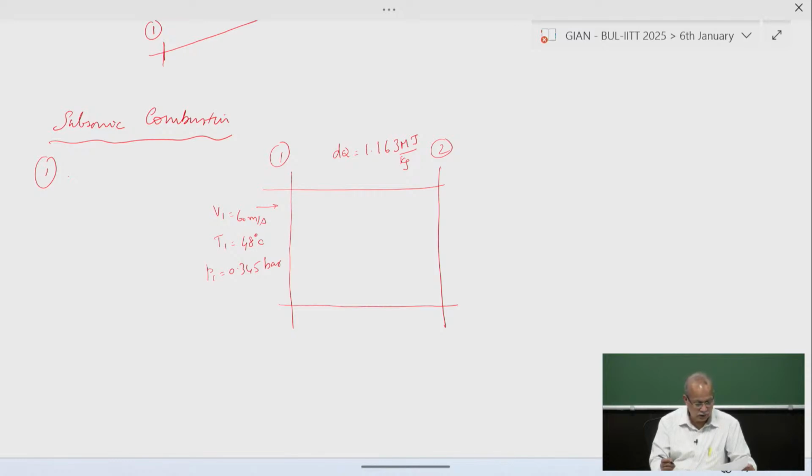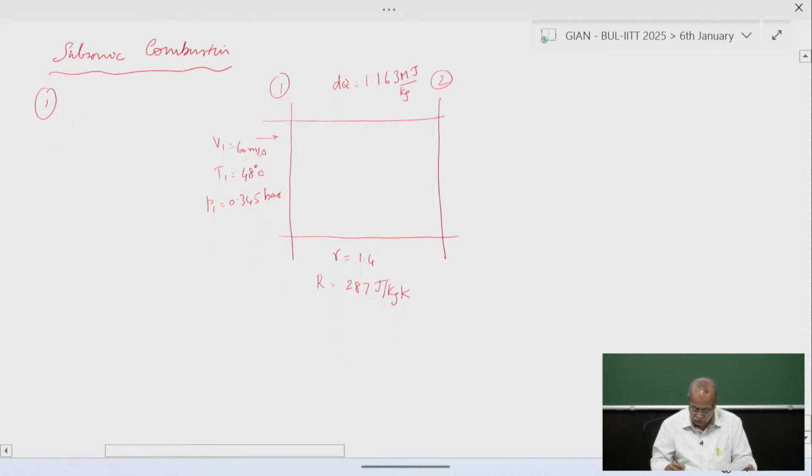Assume that friction is negligible and the cross-sectional area is constant, and the properties of gas mixtures are equivalent to air, which means R is equal to 287 joule per kg K, gamma is 1.4, and Cp is equal to gamma R by gamma minus 1, from the relationships between Cp by Cv and Cp minus Cv.